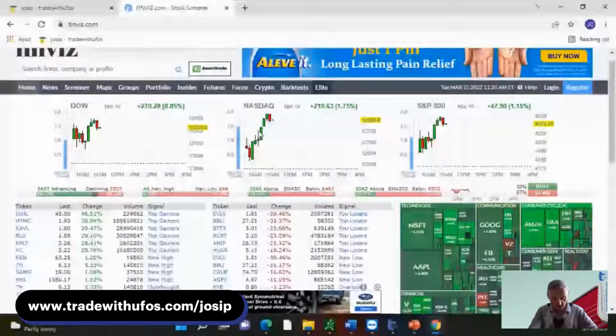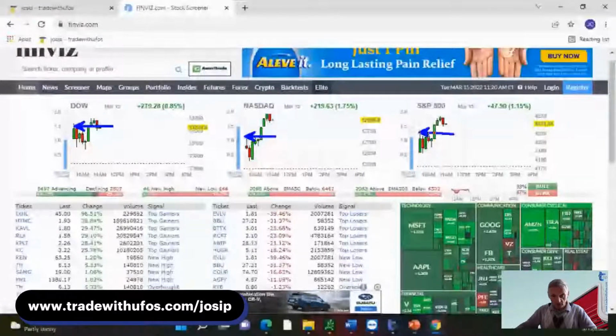What is interesting on every one of these is that you can look at the high of the first 10-minute bar and notice where the current price is in relationship to it. Of course, the one that got beaten down the most ended up rallying the most, and that is NASDAQ. But we already said we're not going to trade the NASDAQ this morning.